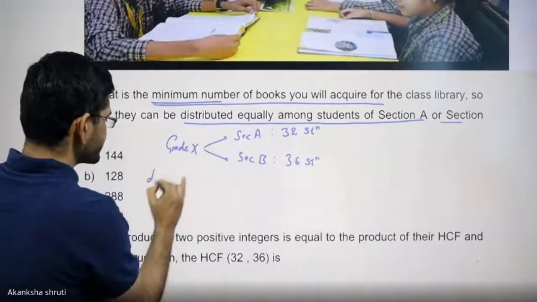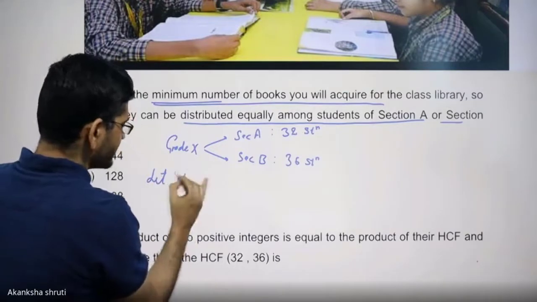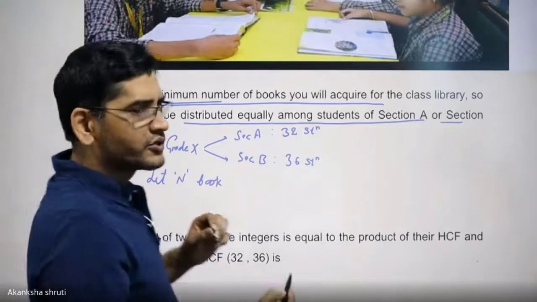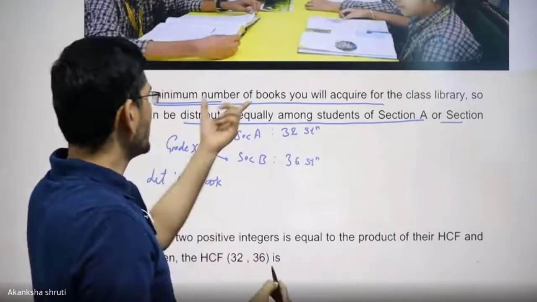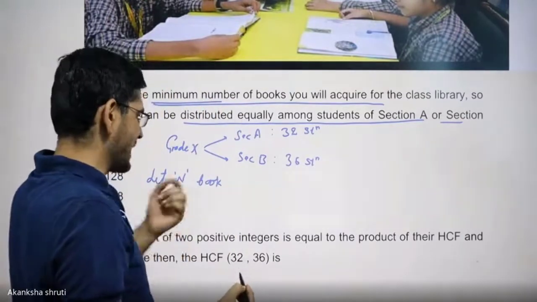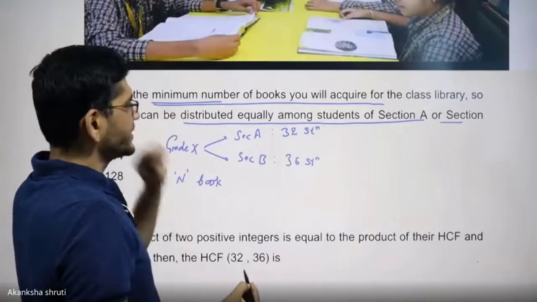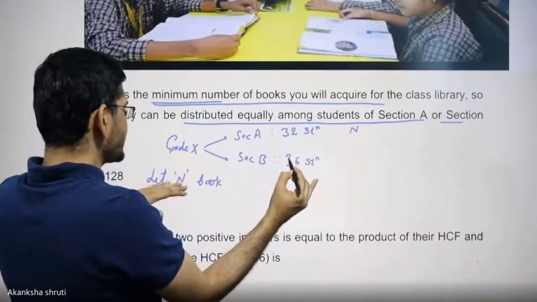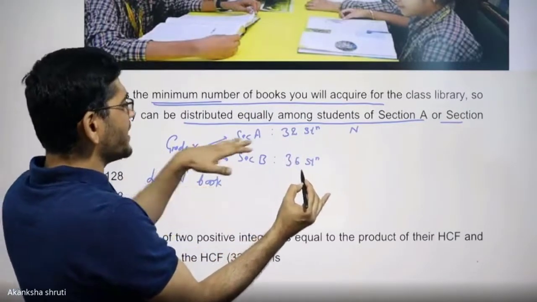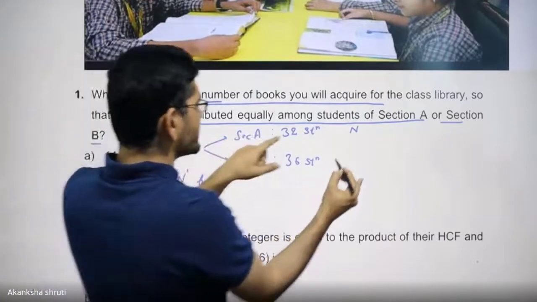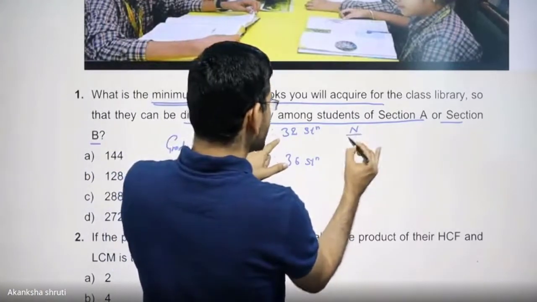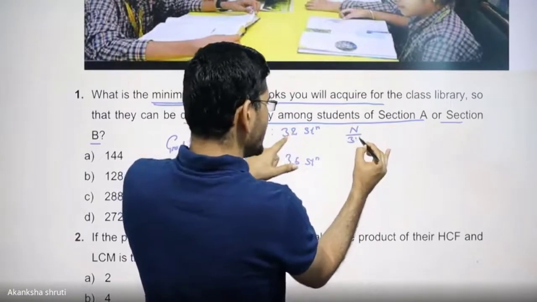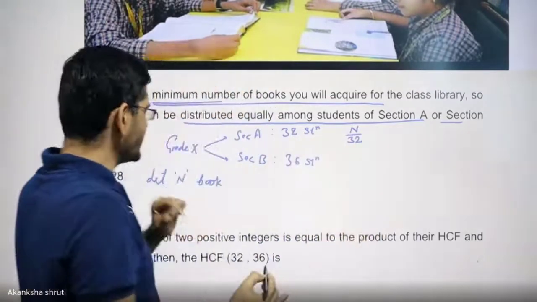Students, let us consider n number of books that you are going to purchase for setting up this library. Then according to the given condition of question 1, this n can be distributed equally among the section A students, which means n must be divisible by 32.